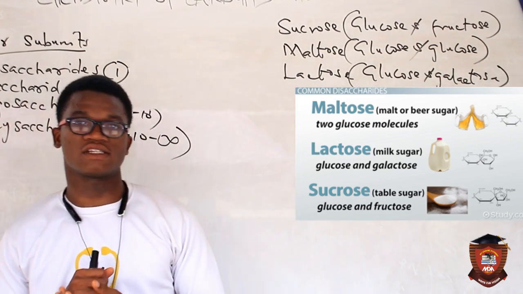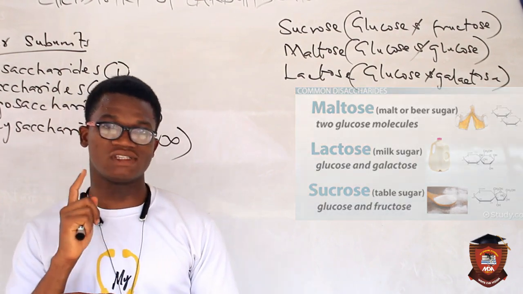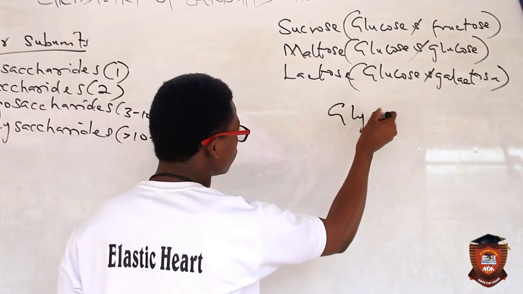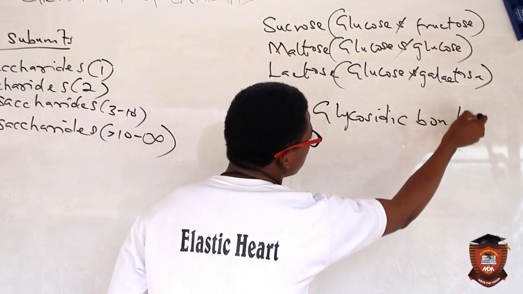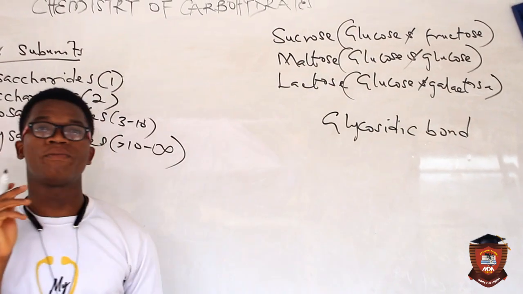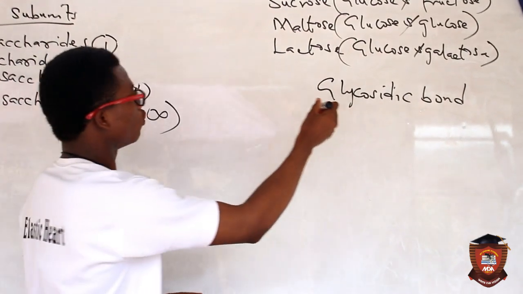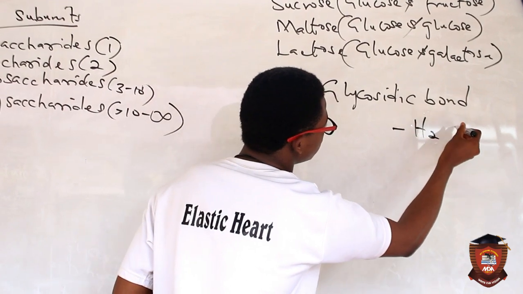And when all these sugars come together, they form a bond, and the bond is called a glycosidic bond. And this bond is accompanied by a loss of one water molecule. So when you form a glycosidic bond, there is a loss of H2O.